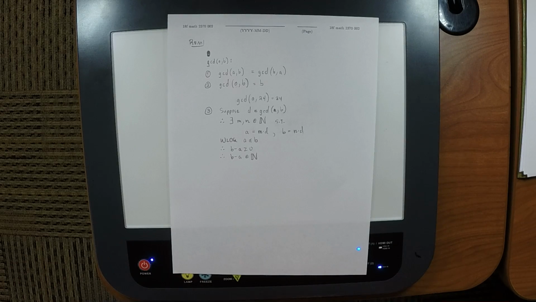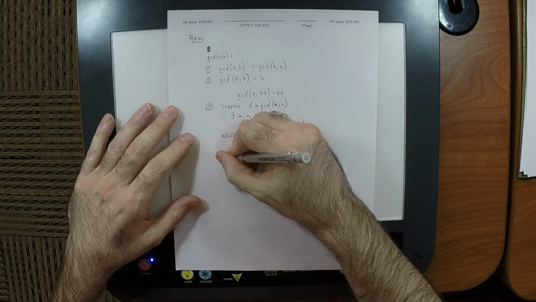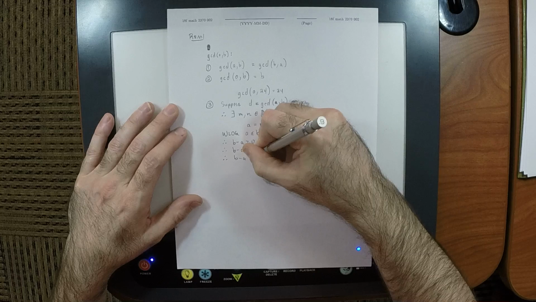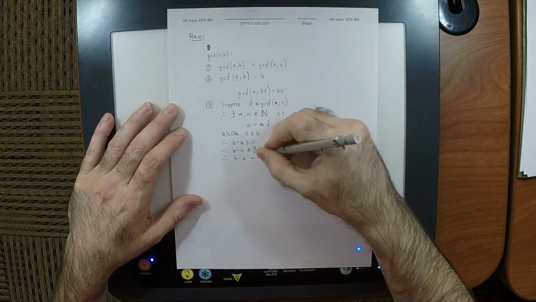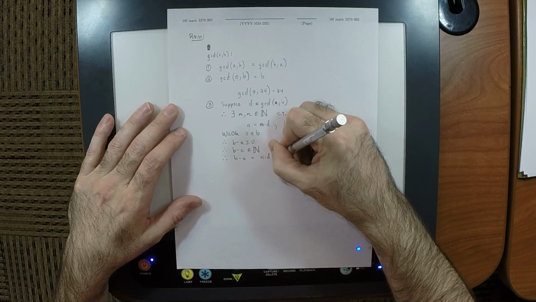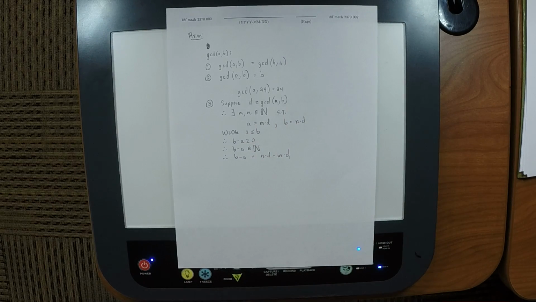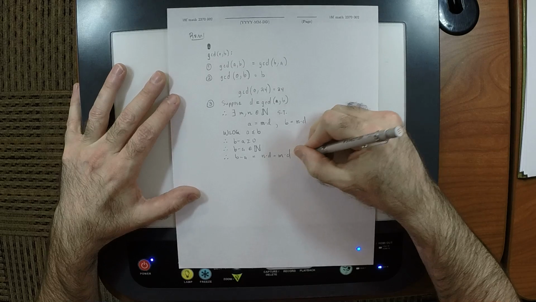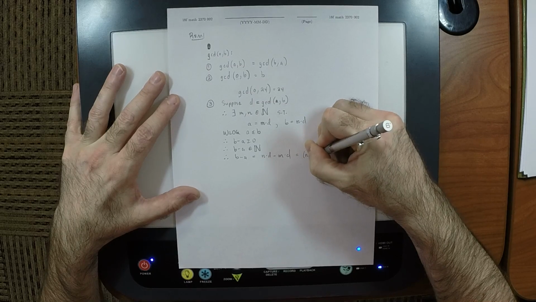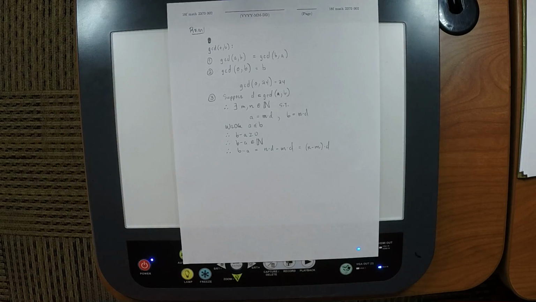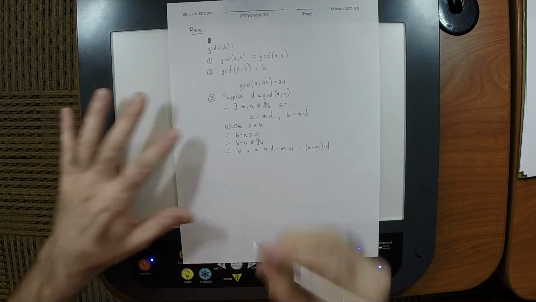Okay, so now just algebraically, I can say, therefore, B minus A is, according to that, ND minus MD, because after all, that's what we said. Then D is a common factor, so this is, in fact, (N minus M) D. Right? So then if D divides A and B, then it also divides their difference.